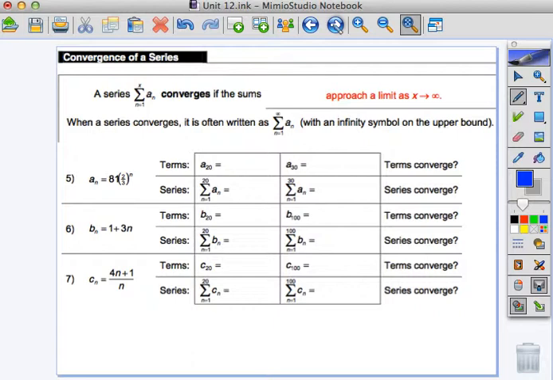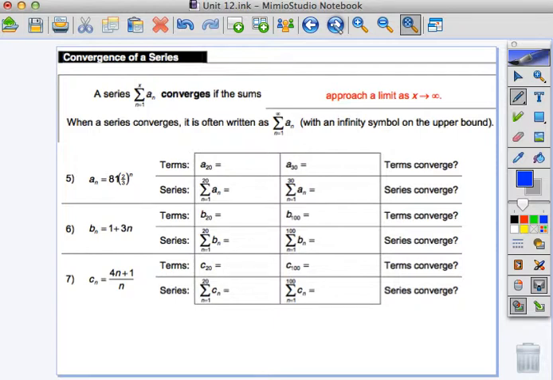All right, so now your series can also converge. A series converges if the sums approach a limit as n is approaching infinity.